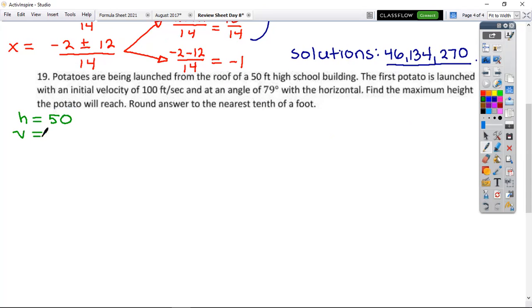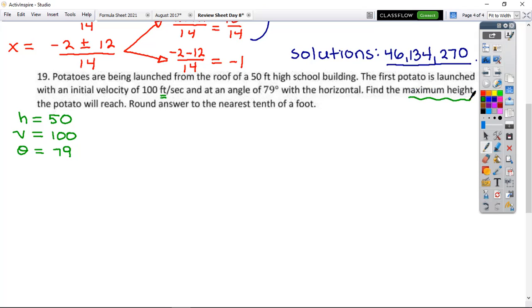So velocity is equal to 100. I also see mention of feet for this question, so that's important. At an angle of 79 degrees with the horizontal. Find the maximum height that the potato will reach.